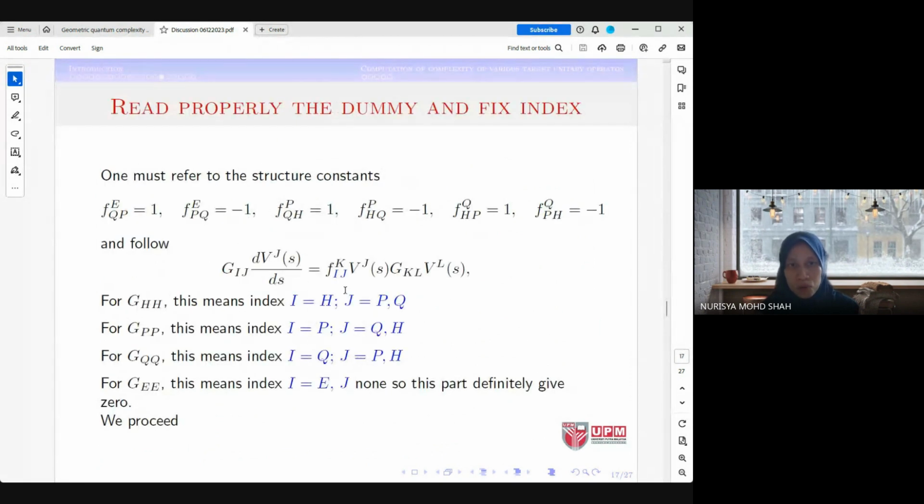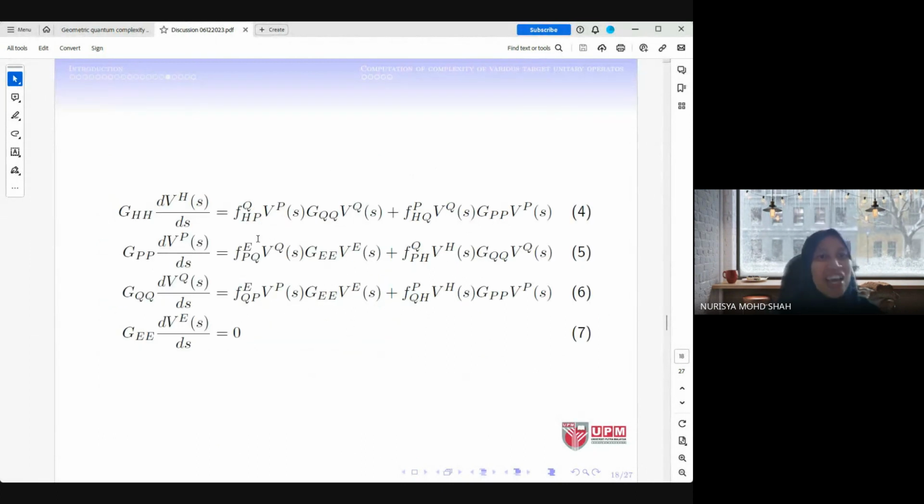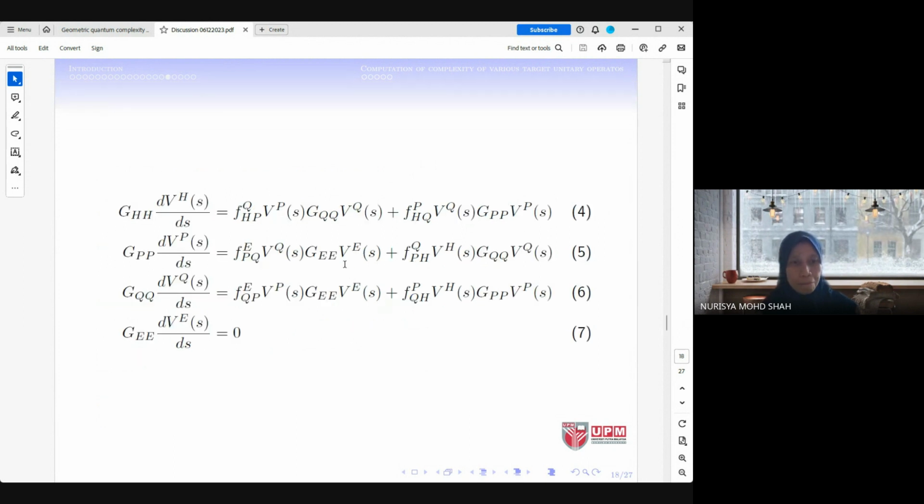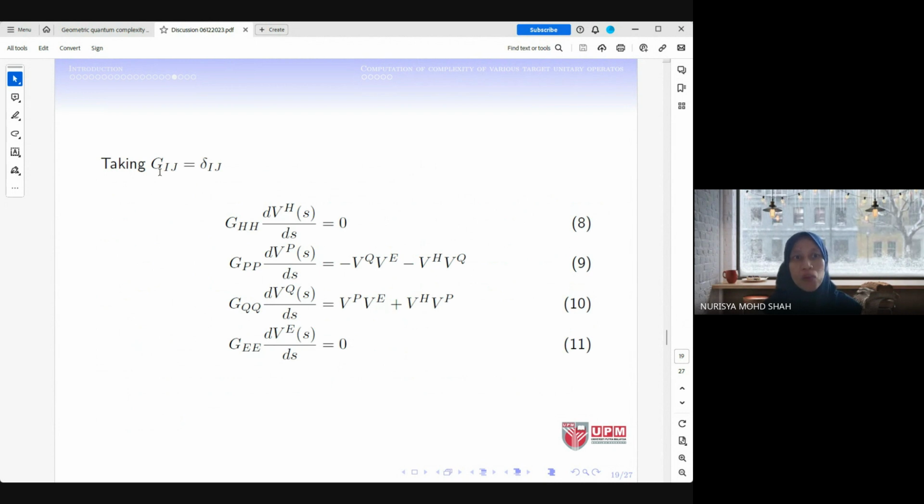So that's why if you follow all these rules, okay, it's like a tensor. And then you end up with 4, 5, 6, 7. Okay, 4 types, 4 Euler-Arnold equations. Okay, so these structure constants, you will refer back to what you produce here. Next is you are taking a conical delta over GIJ.